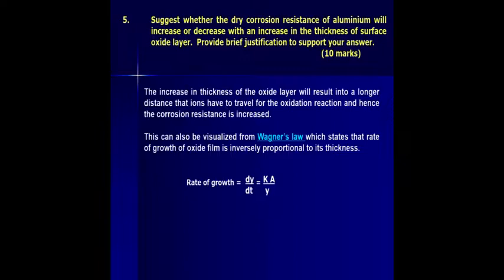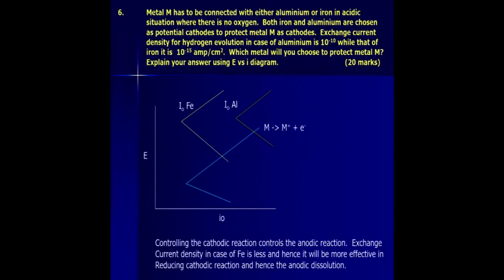Number 6, this is also straight from the lecture notes. This was testing your concept of exchange current density derived from the lecture notes again. Now the whole purpose is that this question, if you read it carefully, says that metal M is a prime metal that you need to protect, and you have choices to use either aluminum or iron in the acidic situation when there is no oxygen.